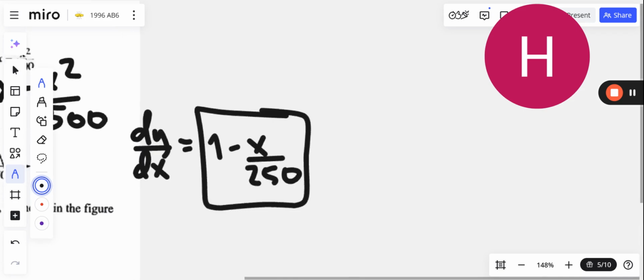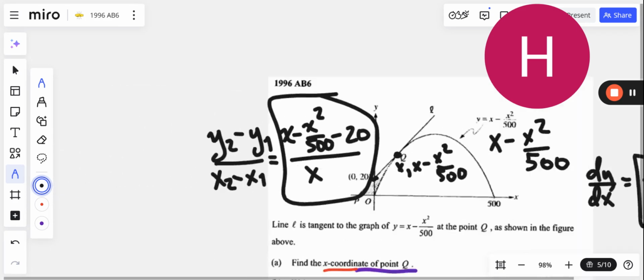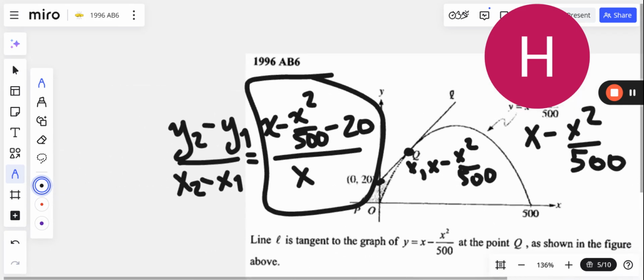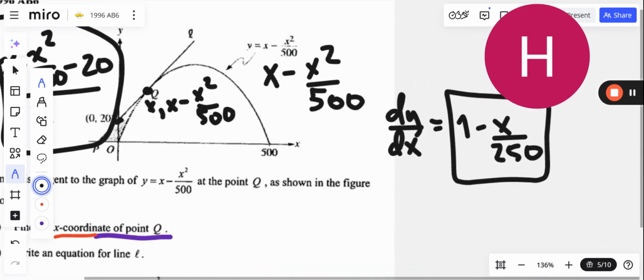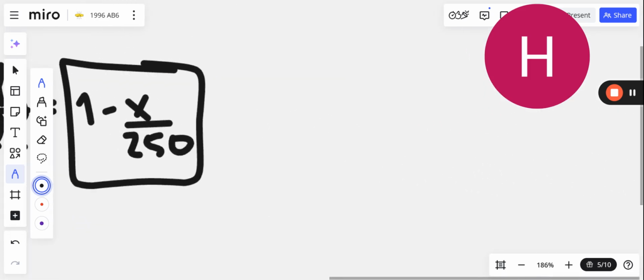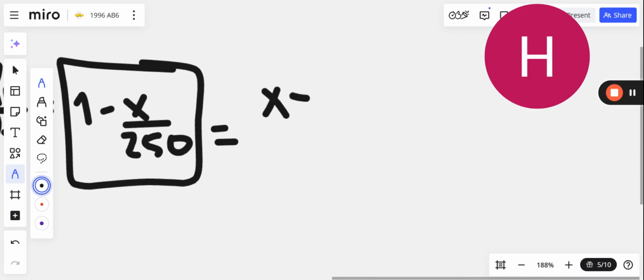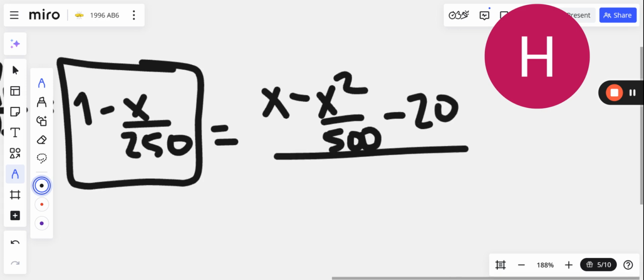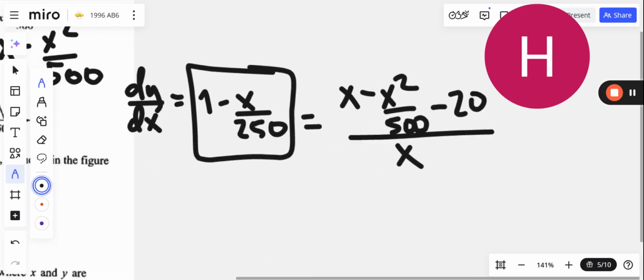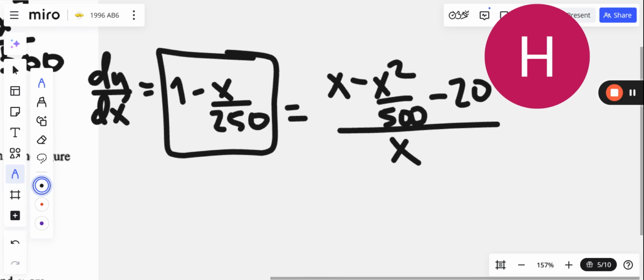Okay, so let's actually copy that. x minus x squared over 500 minus 20, and then all of this over x. So what do we do first? It's actually not so bad, you guys.